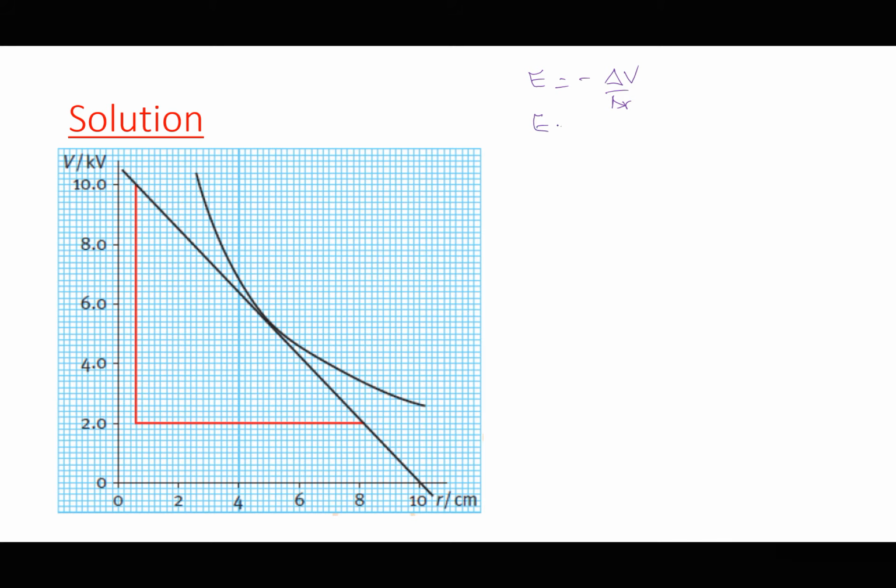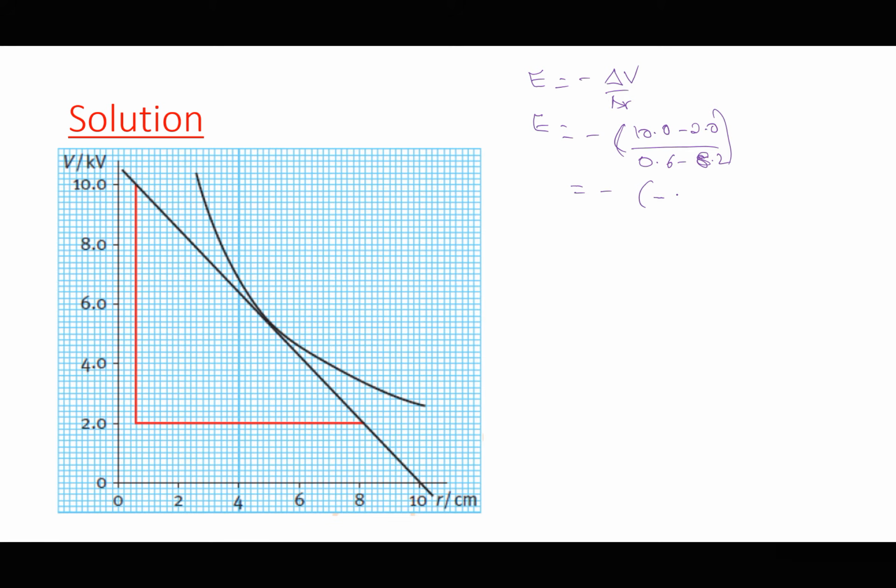So E is going to be equal to the negative of, I'm going to choose points here, 10.0 minus 2.0 divided by 0.6 minus 8.2. So this is giving me negative of negative 1.05.